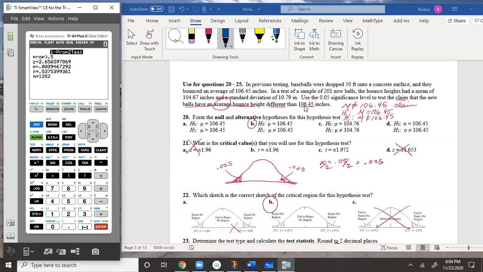So rewriting that using symbols, average is mu, different is not equal, 106.45. The null is mu equals 106.45. The alternative hypothesis is the claim. So the correct answer for number 20, forming the null and the alternative, is B.